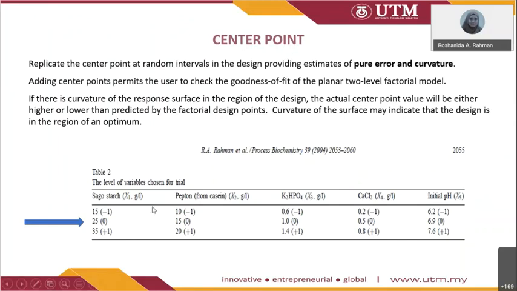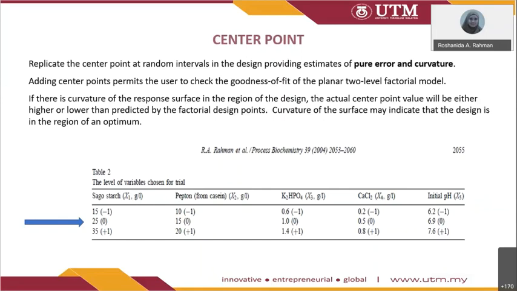But for me, center point is very important because of the possibility of curvature. Because this is a screening process, it's a linear equation. 2-level factorial design is a linear equation, it's impossible for you to get a higher order model. If you look at the 3D response surface, it's only a planar flat surface.